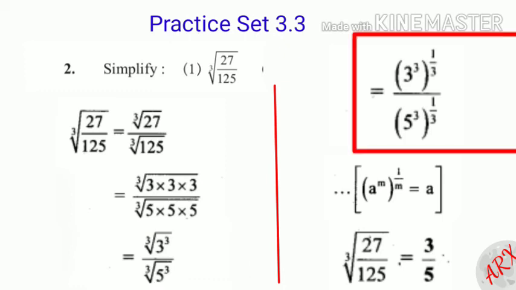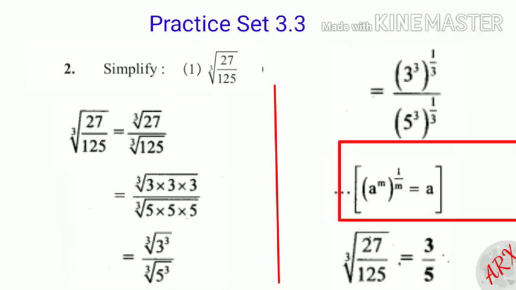As we know the meaning of the cube root sign, we will arrange 3 cube raised to 1 upon 3 upon 5 cube raised to 1 upon 3. As we know the law of indices, a raised to m raised to 1 upon m will be a raised to m into 1 upon m. So m will get cancelled and it will remain a. So from that formula we will write cube root of 27 upon 125 equal to 3 upon 5.